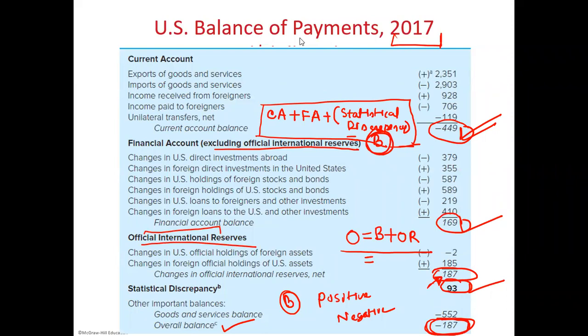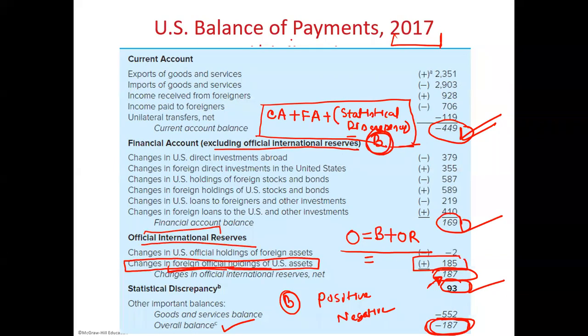Okay, exactly. So we see that this is financed by an increase in foreigners' investment in US assets. You see this part, a big part, 185 plus.